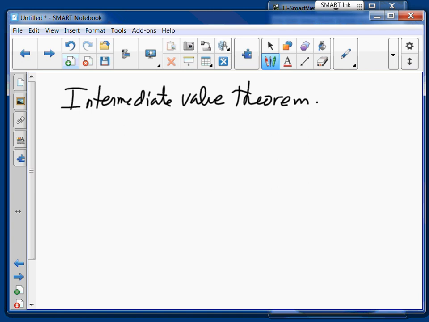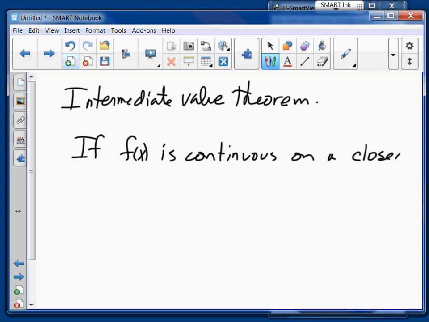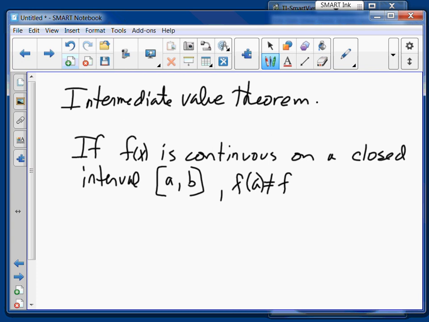If f is continuous on a closed interval from A to B, that's bracket A, comma B bracket, and f of A is not equal to f of B, so they can't be the same height at endpoints, and K is any number between f of A and f of B.